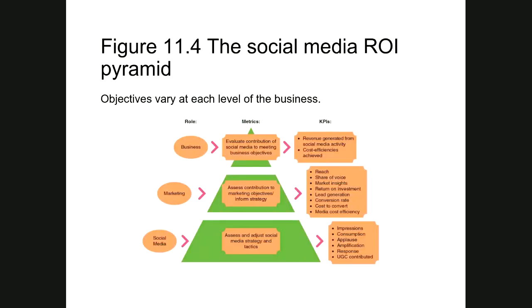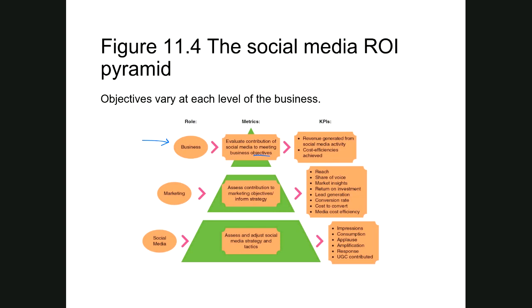So this is a figure from the text as well. Social media ROI pyramid, return on investment. So this is just a pictorial representation. You can see at the business level at the top, let's say the bosses, what they want to know is, how is the campaign meeting our objectives?